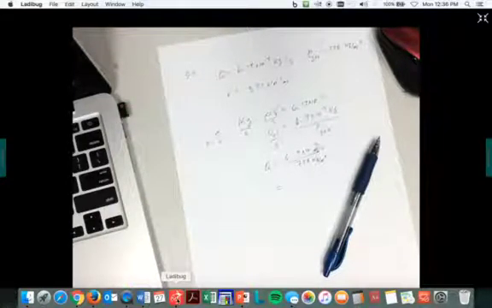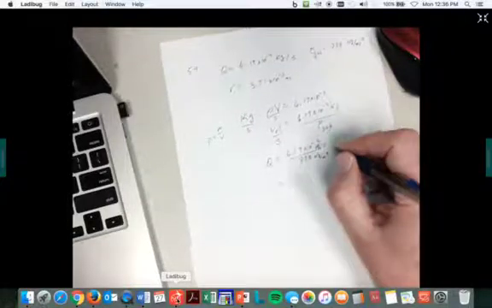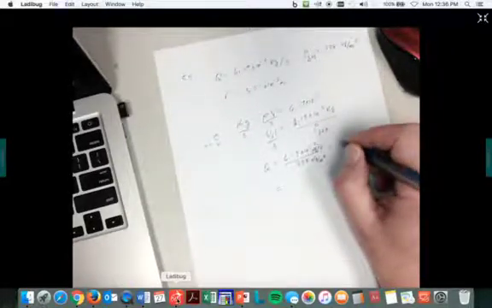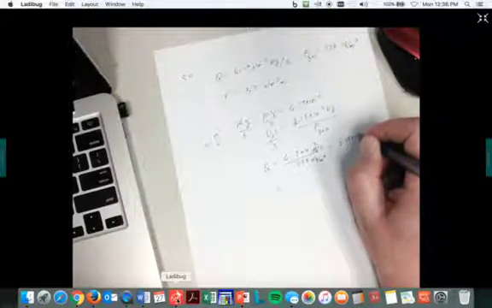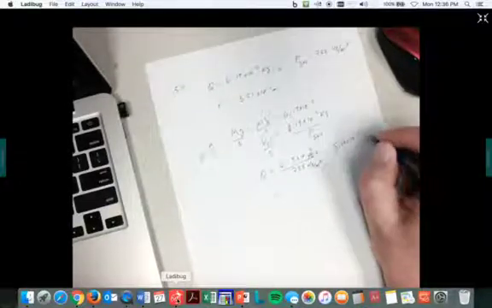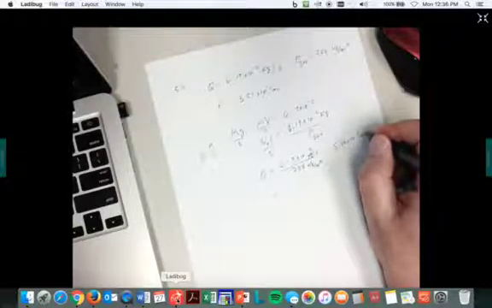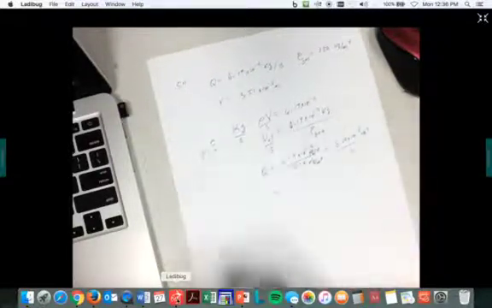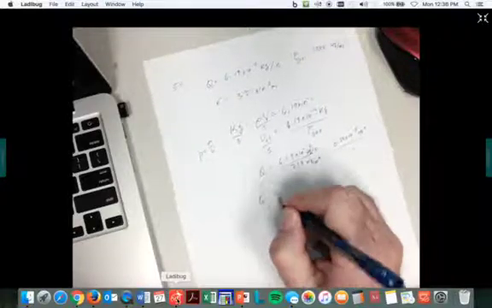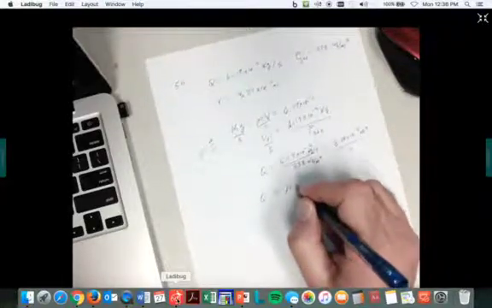So I wind up with 6.19 e to the negative 2 divided by 738 equals 8.38 times 10 to the negative 5 meters cubed per second. Okay, so Q is equal to A times V.